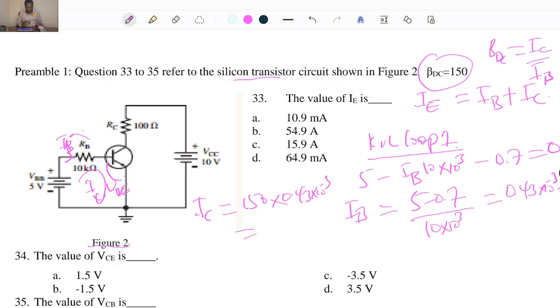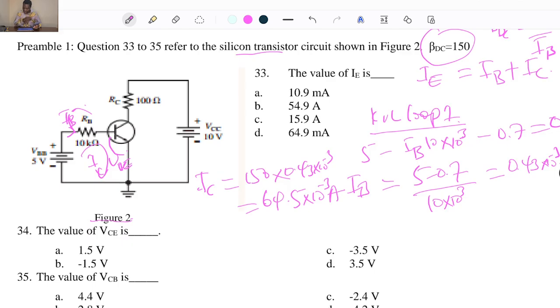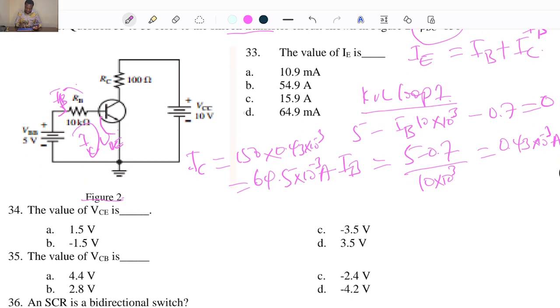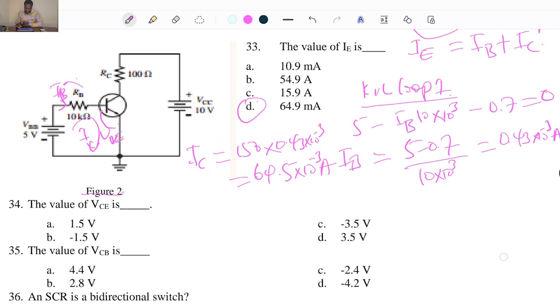So just this times 150, I'm going to get 64.5 times 10 to the power minus 3. Now that we have done this, we can just add this current up with IB. So when we do that, we are going to get the answer to be 64.9 milliamps. So you do the addition.